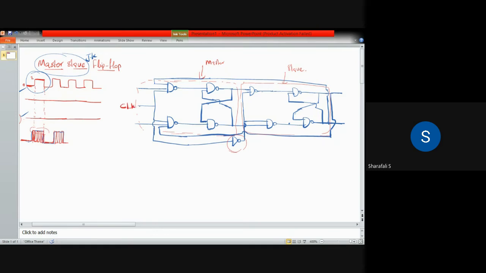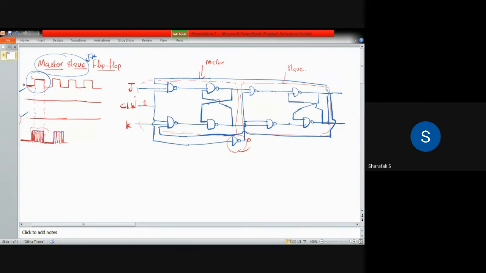Let's say this is your clock pulse, and this is J. This one is K. Your inputs J and K, and this clock pulse will be inverted by using this particular NOT gate. So when this master is in high state, when the master is having clock pulse equal to 1, the slave will be having clock pulse equal to 0 because it is inverted with this NOT gate.